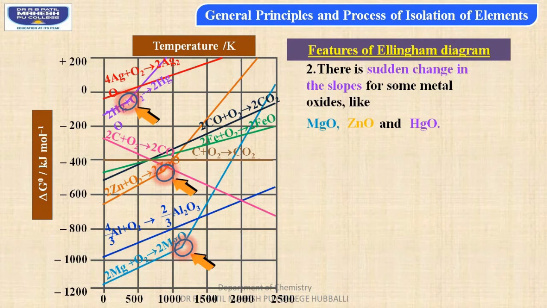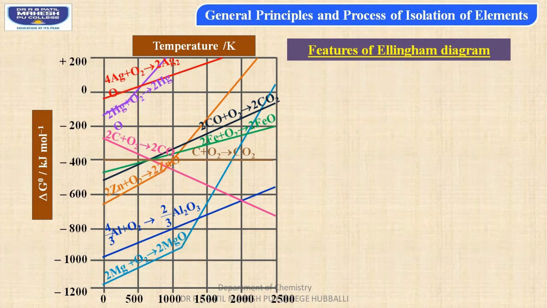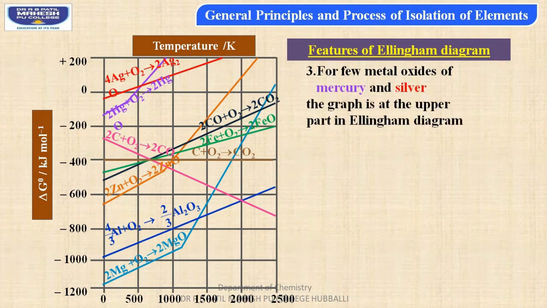Moving to the next point: for a few metallic oxides, those of mercury and silver, the graph is in the upper part of the Ellingham diagram. For both silver and mercury, students, their metallic oxides are placed in the upper half of the Ellingham diagram.